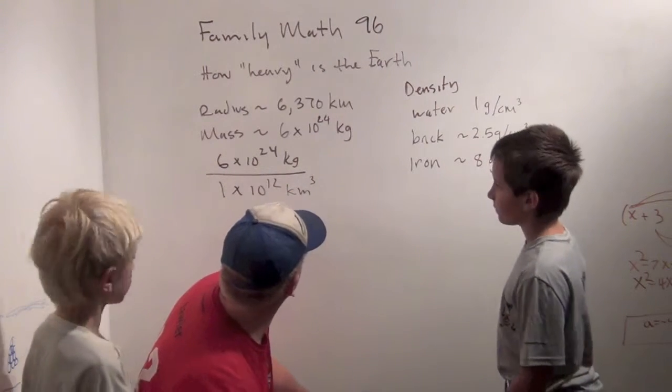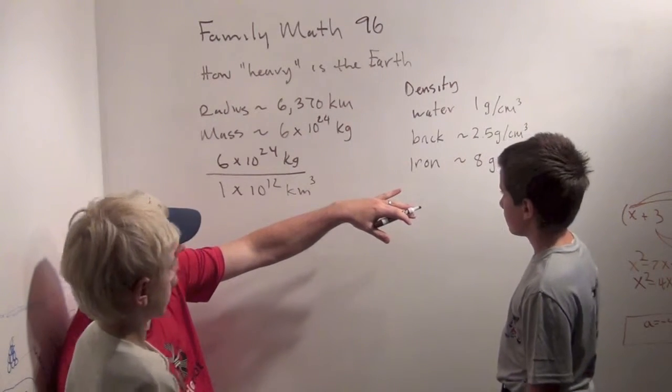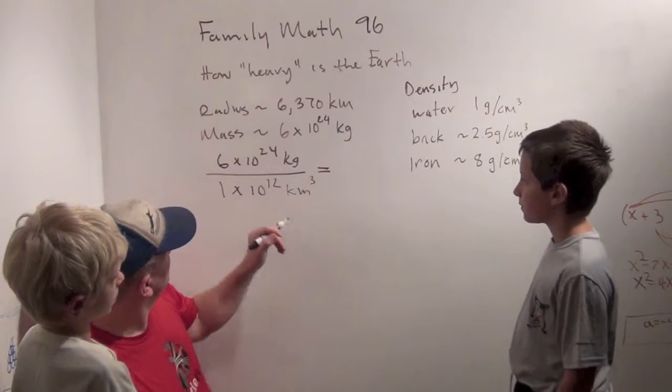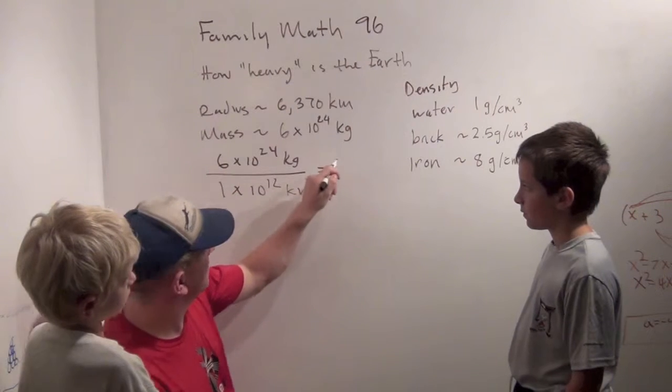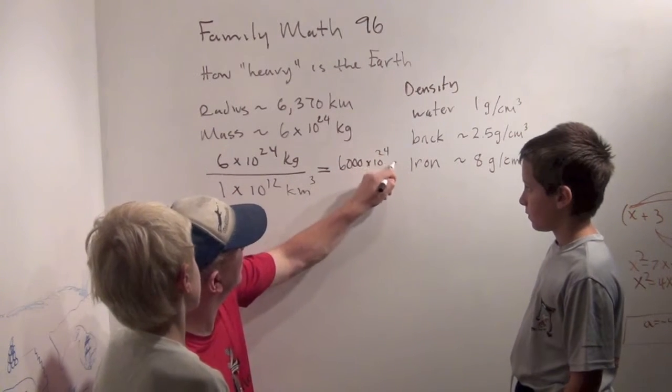Well, we have to figure out how to simplify this, and we want grams to centimeters cubed. Do you know how many grams are in a kilogram? 1,000. So this is going to be this times 1,000 grams, so that's easy. So 6,000 times 10 to the 24th grams.